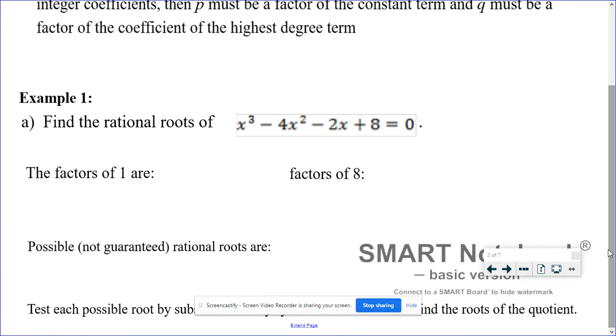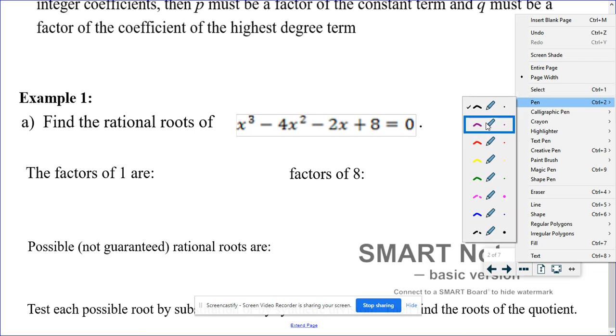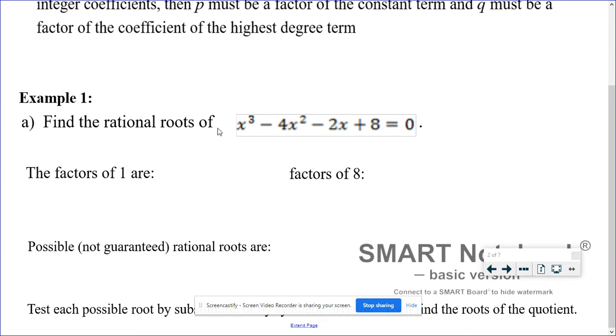So the first step here is to list out the factors of each of those things. When there is no number, remember the coefficient is 1, so the factors of 1 are plus or minus 1. For the constant, the factors of 8, you have 1 and you have 8.